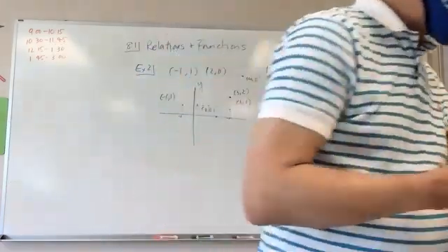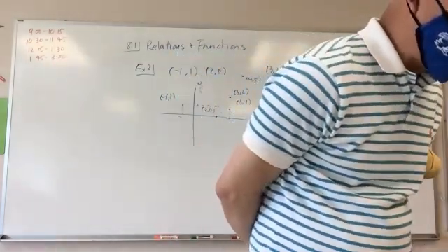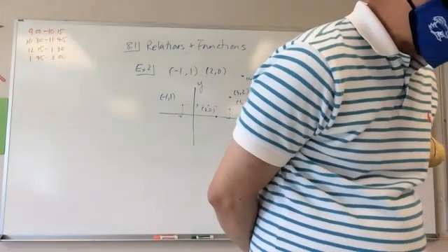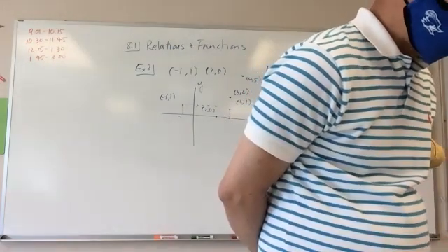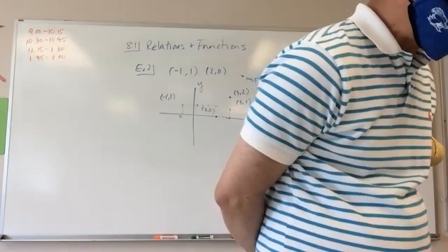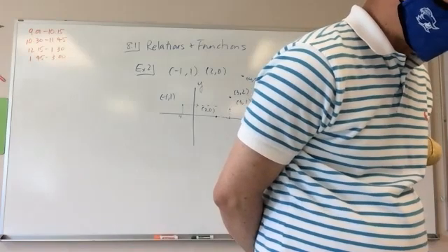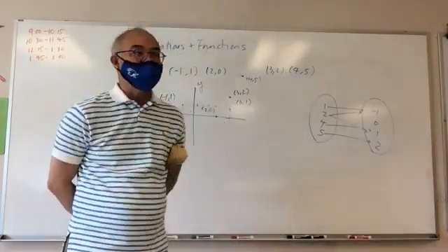So let's go to example number 4. Look at A. Does this pass the vertical line test? Pastor, what do you think? No. Why not? Or A? A. No, there's nothing, so it passes, right?